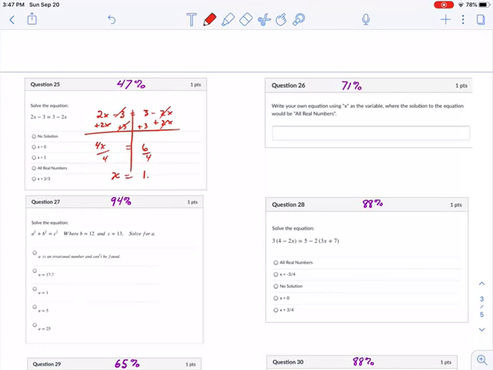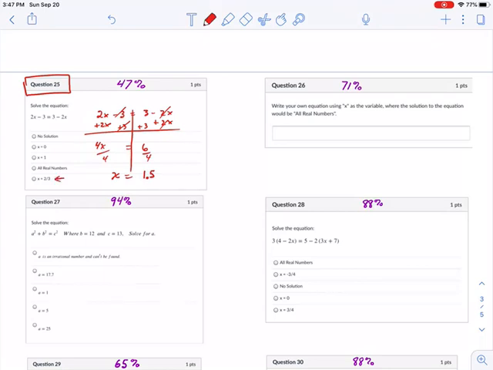Solve the equation, 2/3. Did I make a mistake on that one? 6. Oh, see, I probably did that upside down and I wrote 6/4. So I'm going to go back and I'll give everybody credit for number 25 because it should be 1.5, not 2/3.